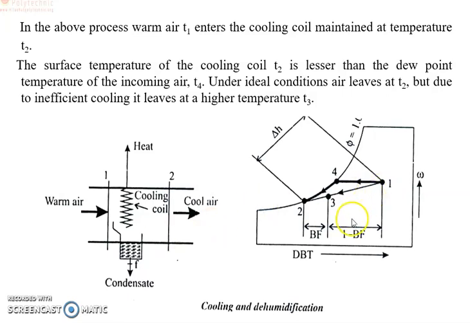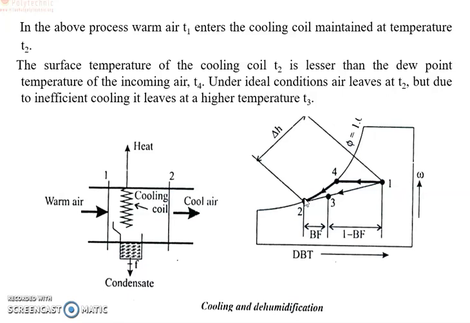So here you observe this diagram: the change in enthalpy, that is H1 minus H2, and the bypass factor is the 2 to 3 process, and 1 minus the bypass factor is 1 to 3. And here you see cooling and dehumidification. First 1 to 4, this is the cooling process, and the dehumidification process is 4 to 2.